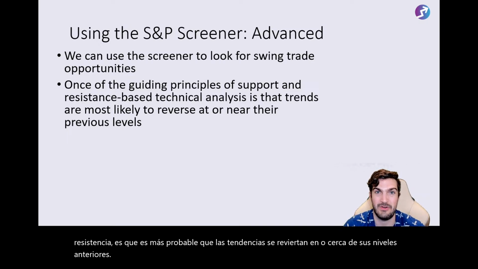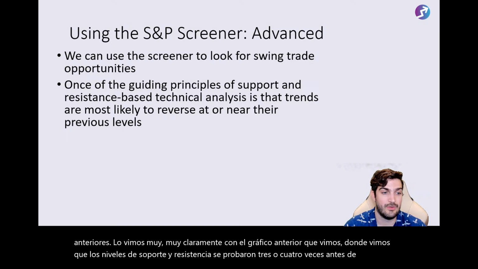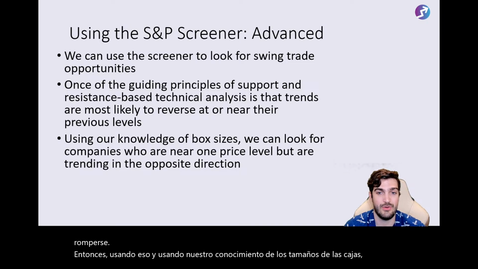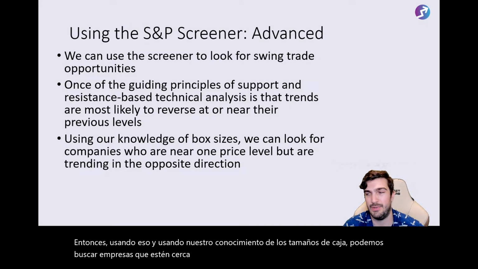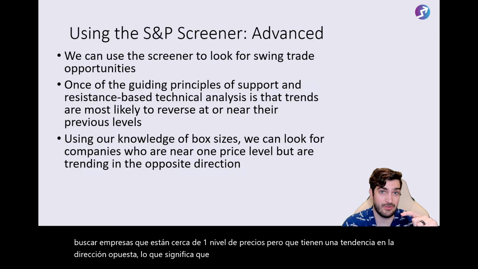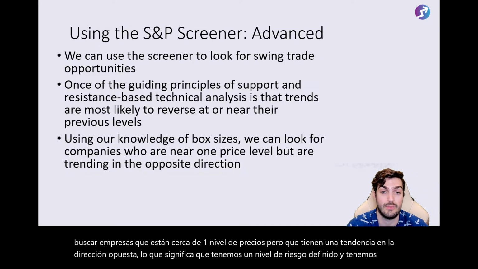We saw that very clearly with the previous chart that we looked at, where levels of support and resistance got tested 3 or 4 times before finally getting broken. So using that, and using our knowledge of box sizes, we can look for companies that are near one price level but are trending in the opposite direction. Meaning that we have a defined level of risk, and we have an idea of our opportunity for reward.